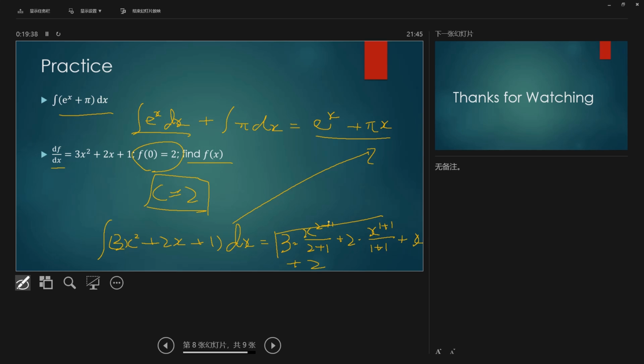So for this one, we can simplify it: the 3s cancel, the 2s cancel, and then we get x cubed plus x squared plus x plus 2 as the answer for this one.